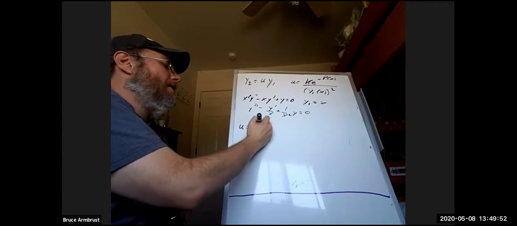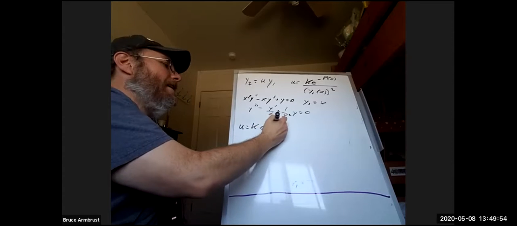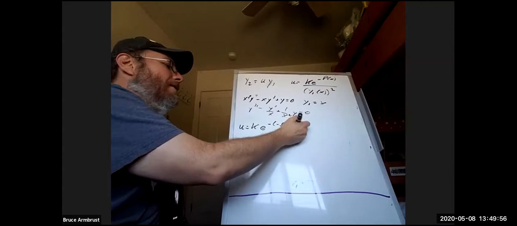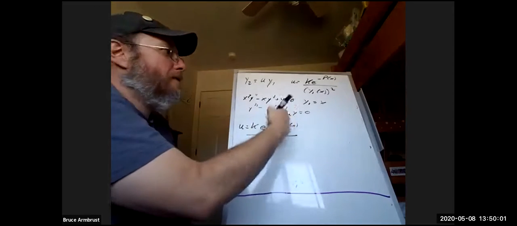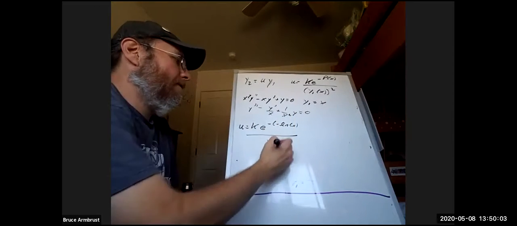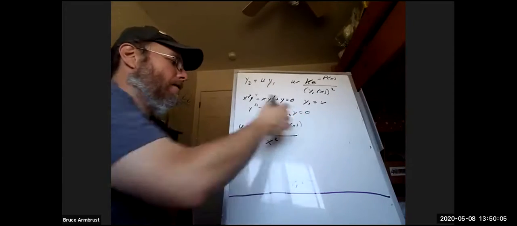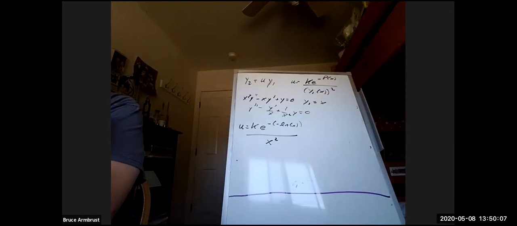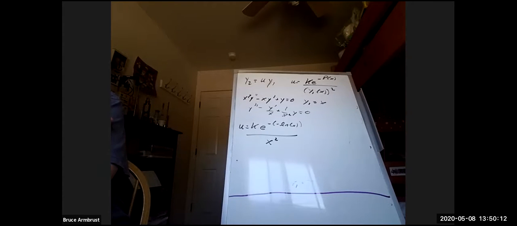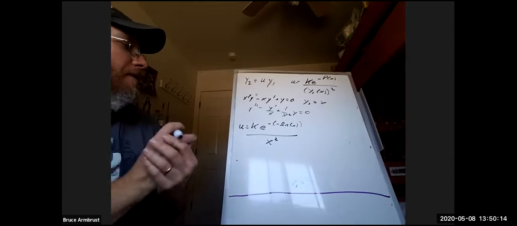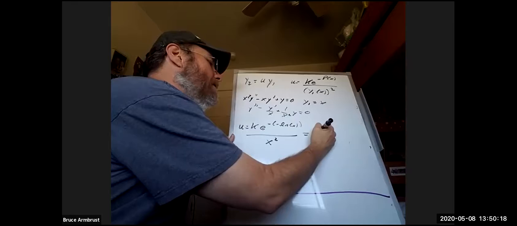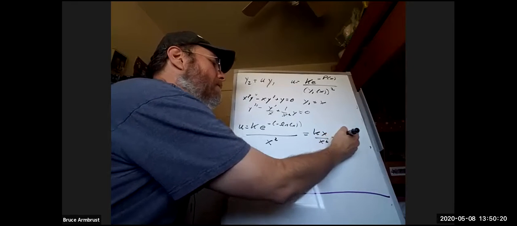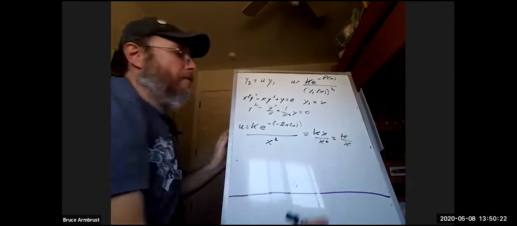So we have u equals k e to the negative natural log of x, and then we want to divide by y1 squared, which in this case is x squared. The negative is a positive natural log, e to that is x. So we get kx over x squared, which is k over x.